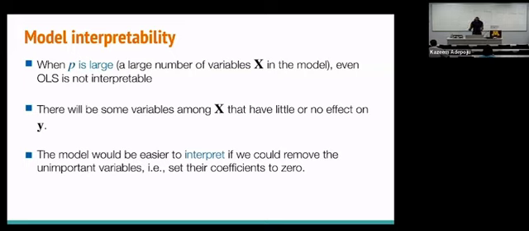If you want to make your model interpretable, what is the essence of estimating the parameters of a linear regression if, in the end, you cannot interpret? That's an exercise in futility. And that is the reason why, when you have so many independent variables, the interpretation will be difficult.